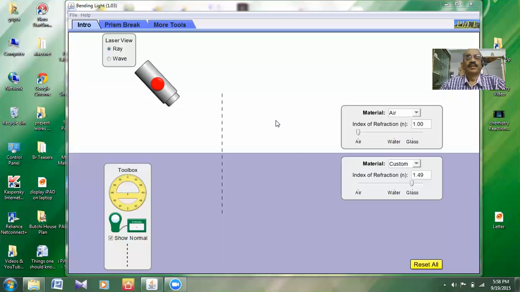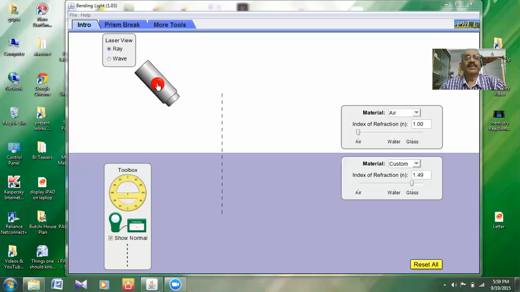Hello, here is a simulation that will help teachers to experiment and the students can understand better. This shows the simulation of refraction. Here, this is a torch which sends a ray of light.